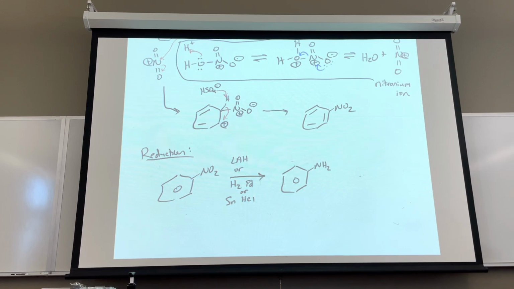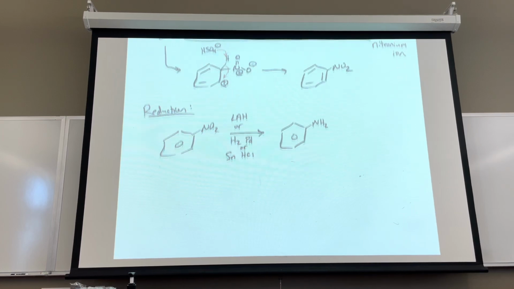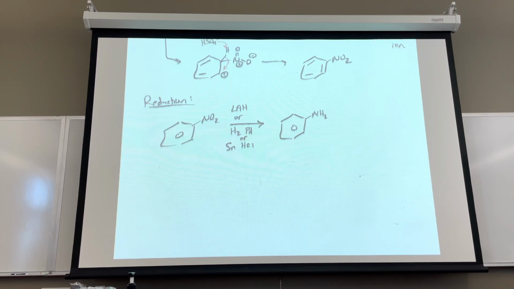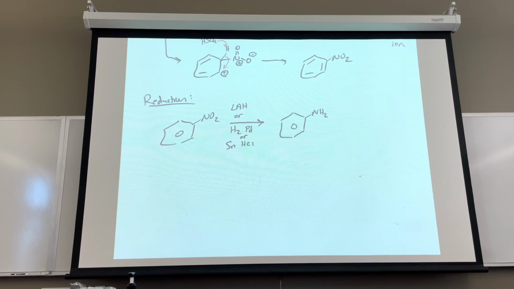Now, sometimes it's just as useful to know what won't work as what will work. So I've given you 3 different conditions that will reduce the nitro to the aniline. I want to show you one that will not, and that would be sodium borohydride. Sodium borohydride will not reduce the nitro to the aniline. But that's also useful to know.